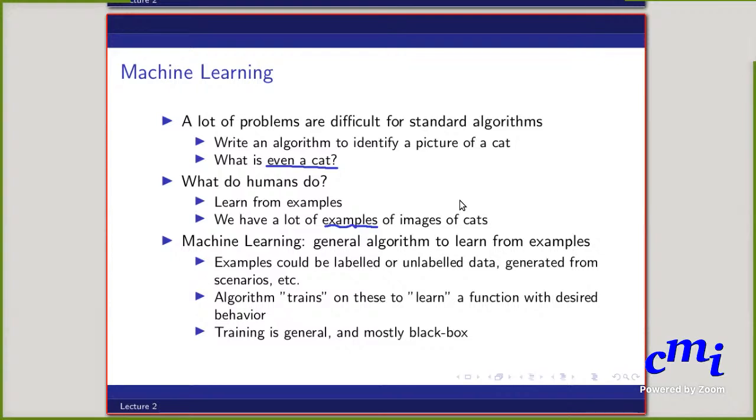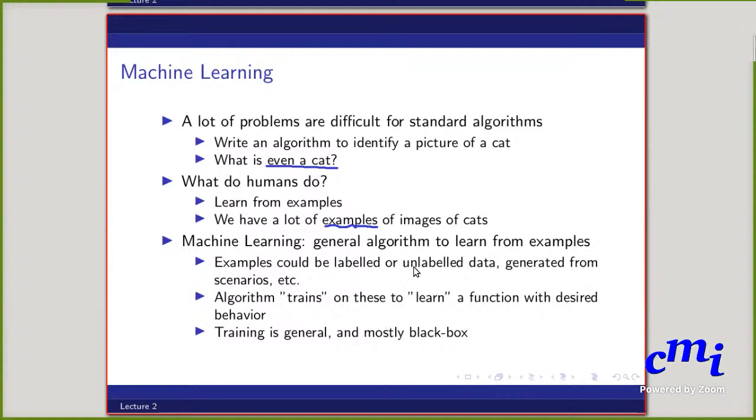And I can also download some 10 or 100,000 examples of images which don't contain a cat, right? So we have such examples, and a large number of such examples, but we don't have some clear algorithm of identifying. Can we sort of learn how to identify a cat, or learn the algorithm given these examples, right? And this is in general what machine learning aims to do, right?